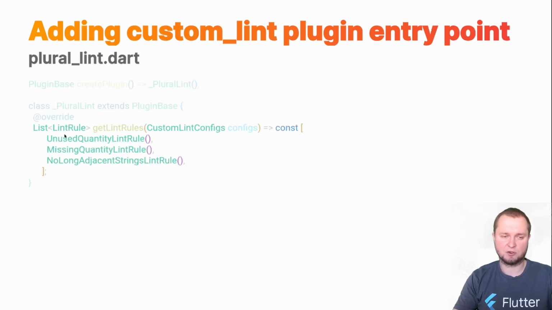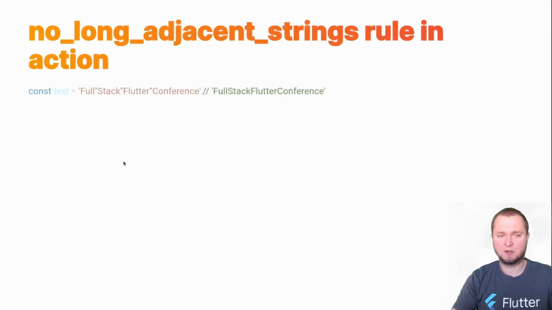And before I show you how to create a lint rule parsing ARB files, I will show you a simple rule for Dart files because it's easier for demonstration purposes. This rule is called no_long_adjacent_strings. What are adjacent strings? Take a look at these strings here.